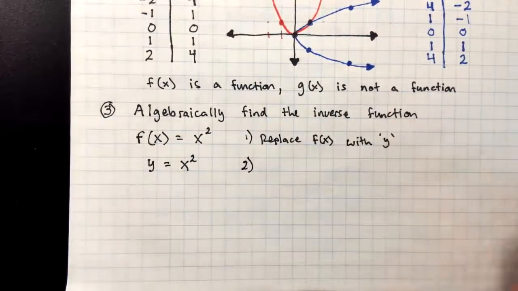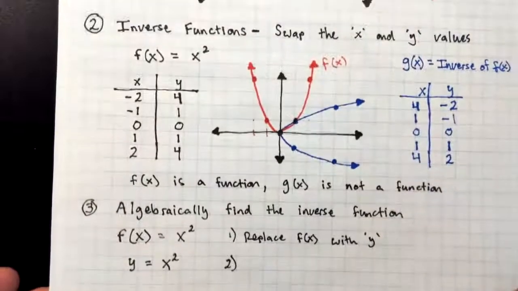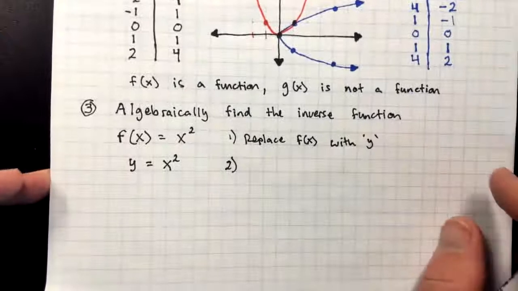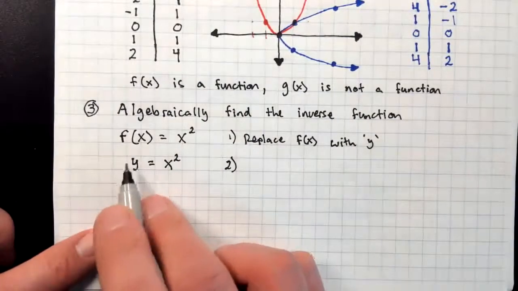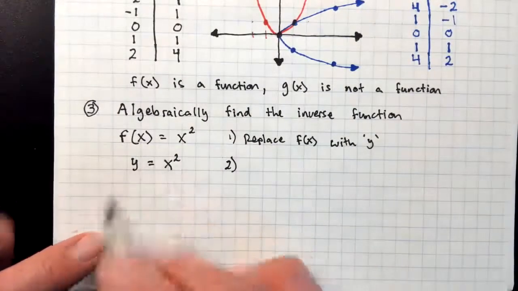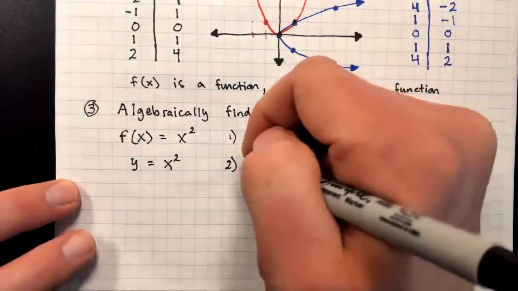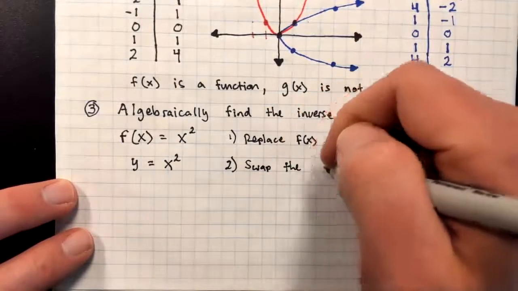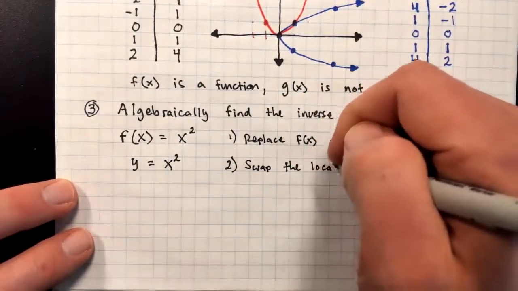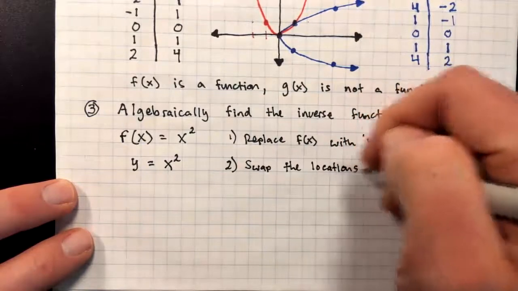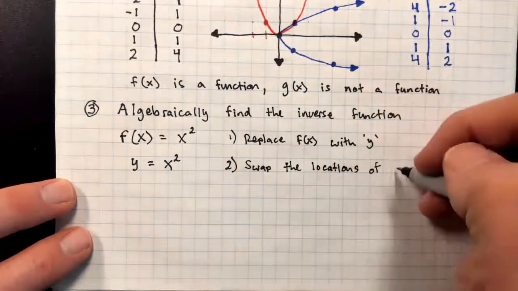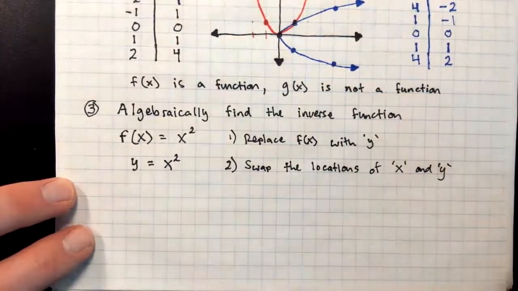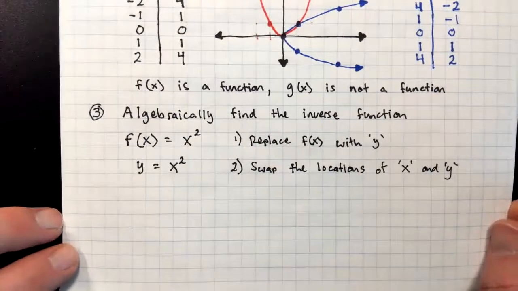Cool. Hey, remember the definition for inverse functions? They literally just swap the x and y values. So to find the inverse function, we'll take the y variable and the x variable and swap them. So the second step is swap the locations of x and y.